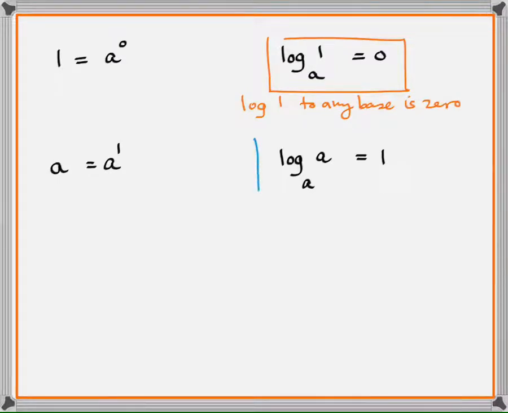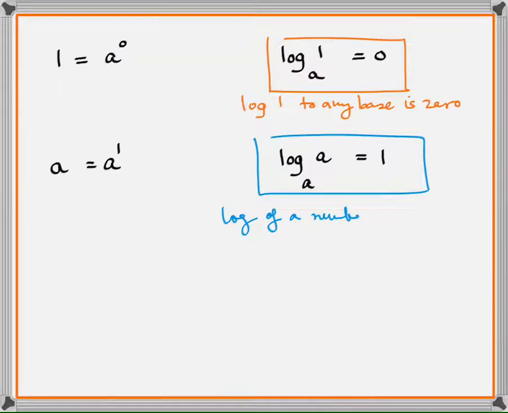And this second rule, that is log of a number to the same base is 1. So remember these two rules. Again, these two rules are derived from where? Everything in log will be derived from indices. Of course, there would be some derivations which are not in the syllabus, so we won't go into the nitty-gritty of it, but the simple ones, we just explored them.